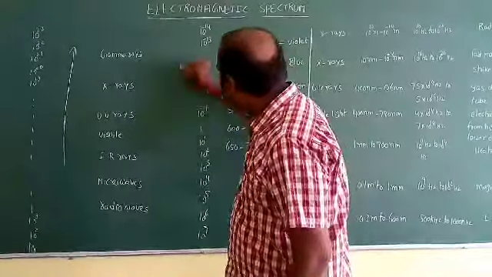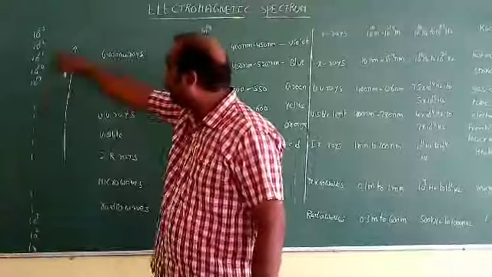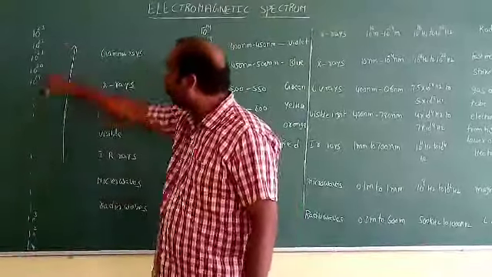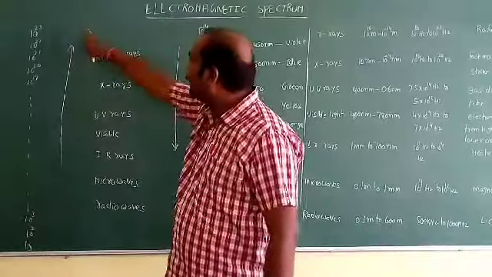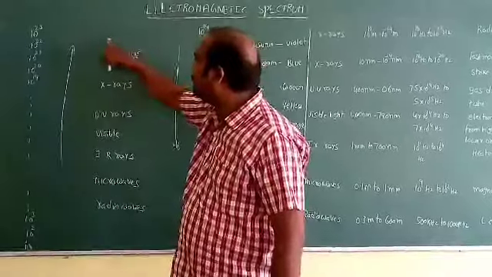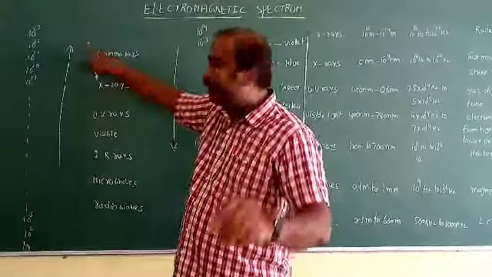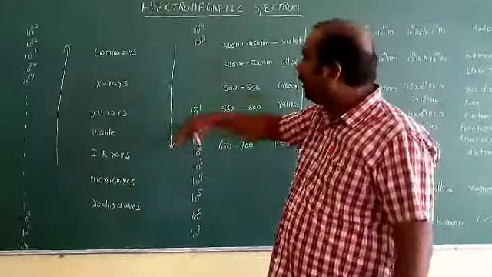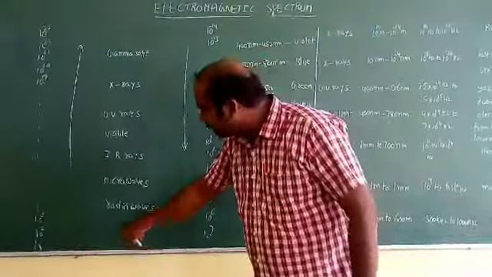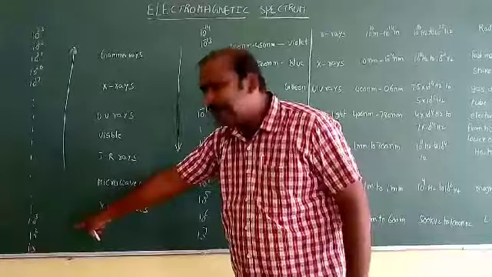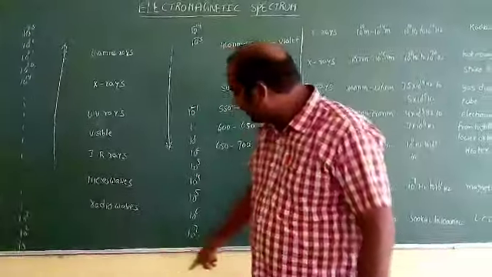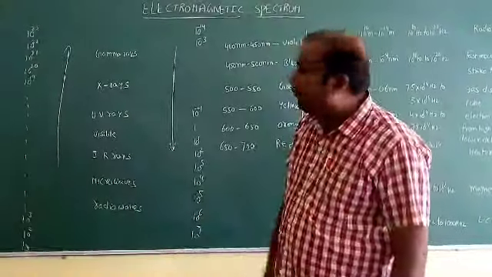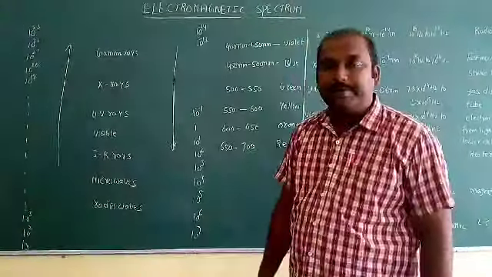That means, if you are considering from bottom to top, these rays have maximum frequency. When the frequency is maximum, wavelength will be minimum. Whereas in case of the last one, radio waves, the frequency is minimum and wavelength is maximum. Like that, you can classify this electromagnetic spectrum.